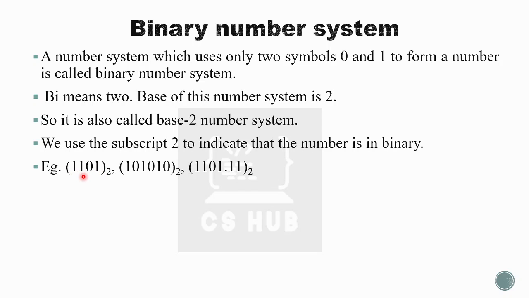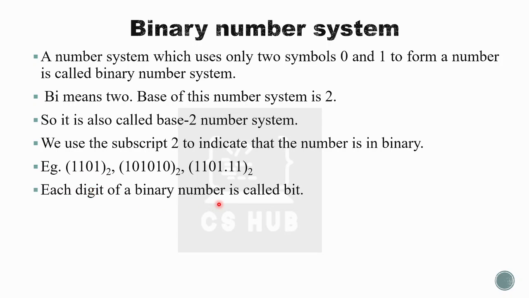By default, a number is considered a decimal number if we do not specify any base. So to become a binary number, we have to write a subscript 2 over here. Then it becomes the binary number. If we simply write 1101, it will be a decimal number. If we put a subscript of 2 here, then this will become a binary number.